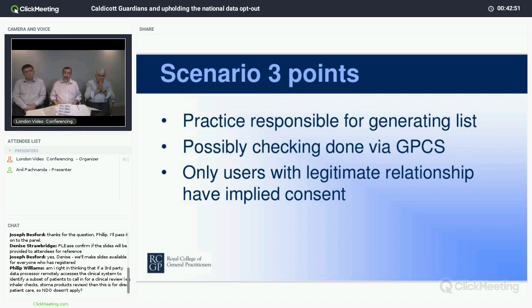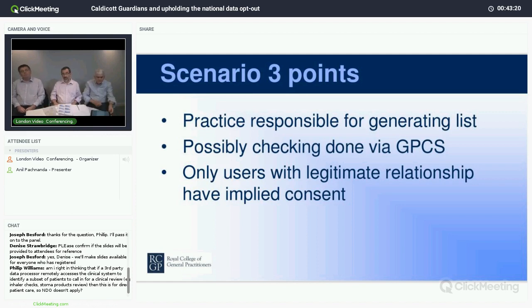So in this case, the practice is responsible for generating the list of patients. It may be that there will be a system through the GP clinical system supplier for uploading that NHS number list to the spine service, or it may have to be done through a different route. But the practice will need to be clear how they check that list of NHS numbers against the National Data Opt-out database.